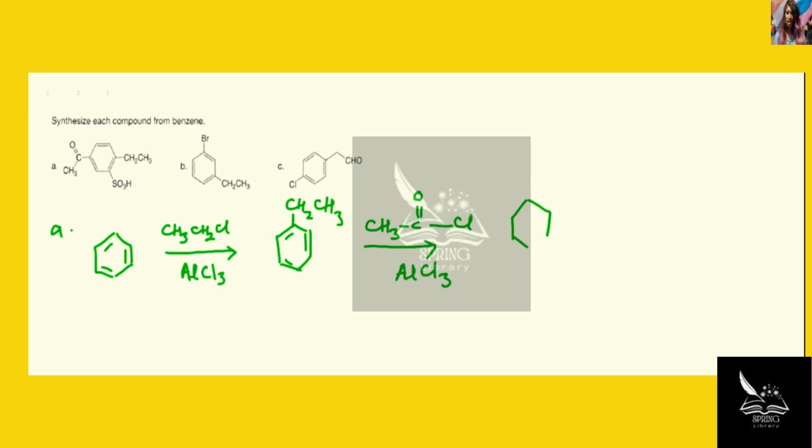benzene ring. The ethyl group is already present, and it is ortho-para directing. So one of the expected products is this one.